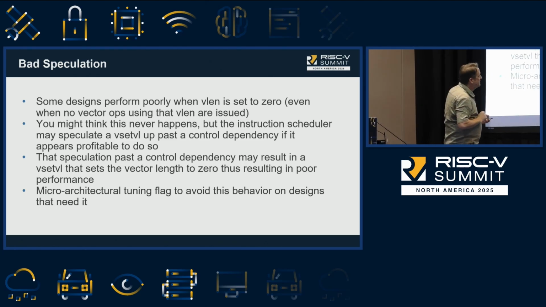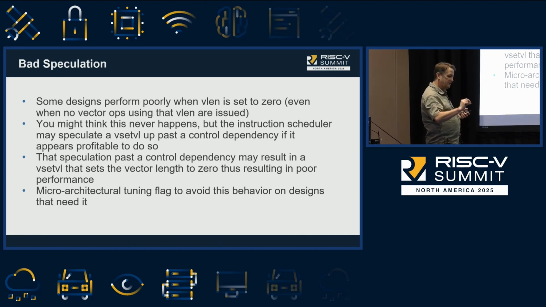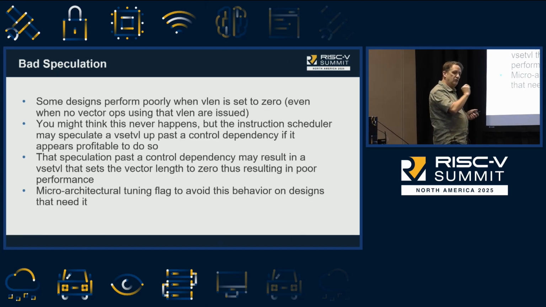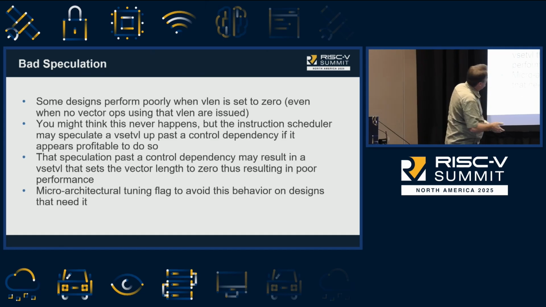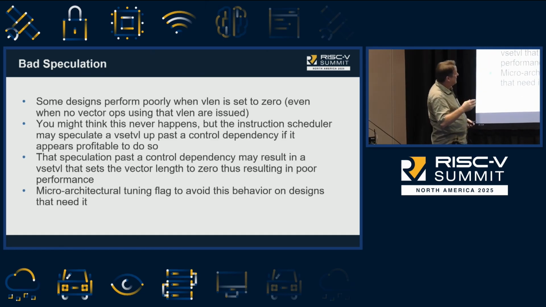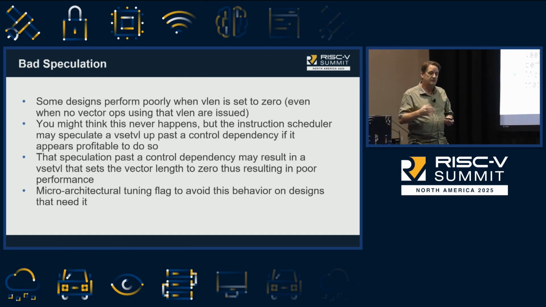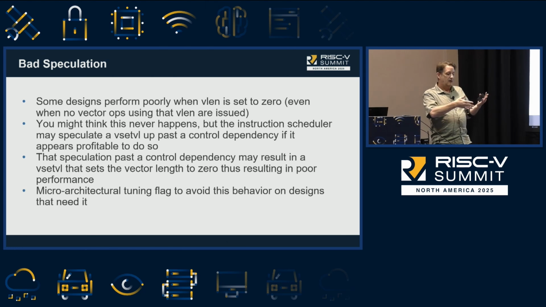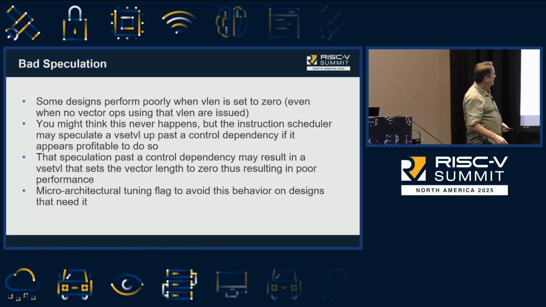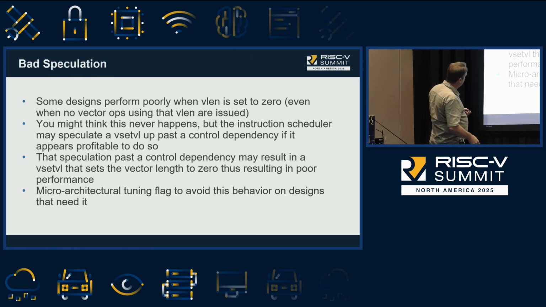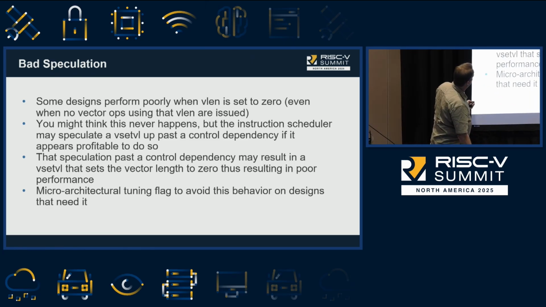It can also happen if the compiler speculates a vsetvl out of a loop, and that loop only enters if the vector length was going to be more than 1. So we now have tuning knobs in GCC to allow us to say this microarchitecture does not want VL ever set to 0, so do not speculate vsetvl instructions ever. I don't know what the performance gain from that is, because again, those are not designs that I have direct access to.